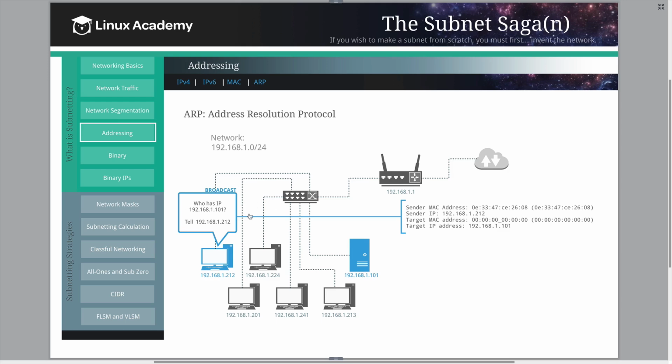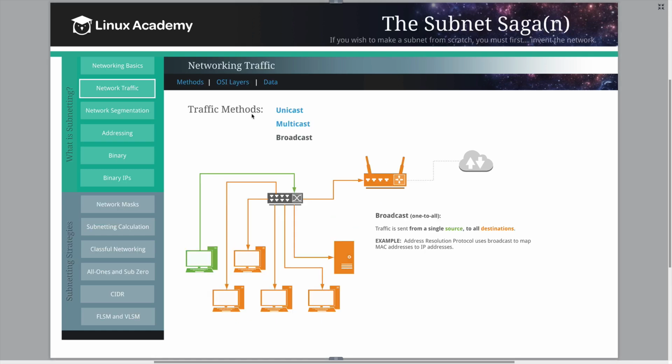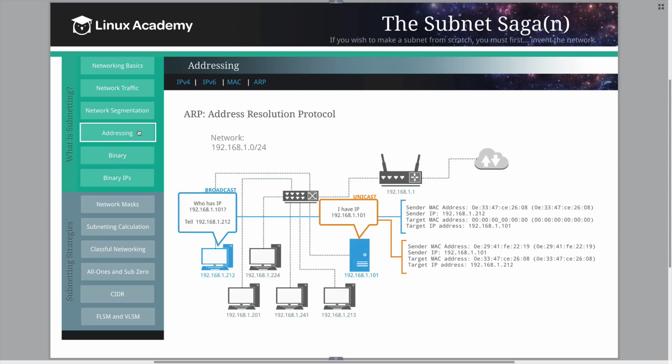Now the host with that target address, 192.168.1.101, is going to respond. It's going to say, hey, I have that IP, 192.168.1.101, and it's going to send this response back unicast. And if you remember unicast, that is 1 to 1. So the request goes out broadcast, the response comes back unicast for ARP.